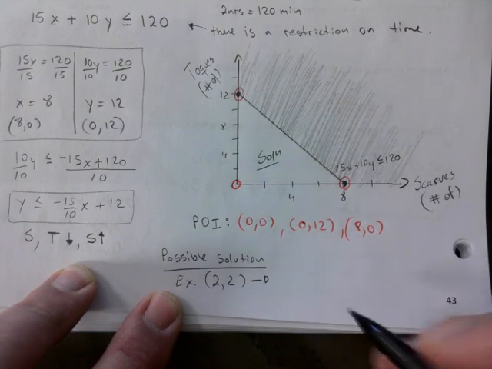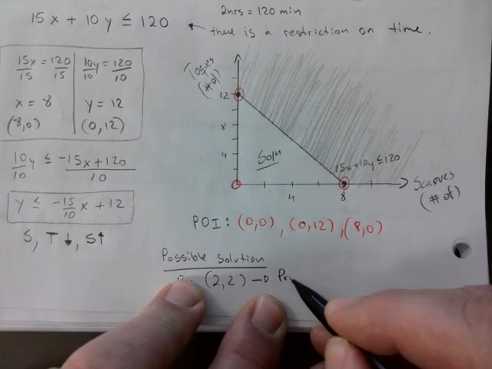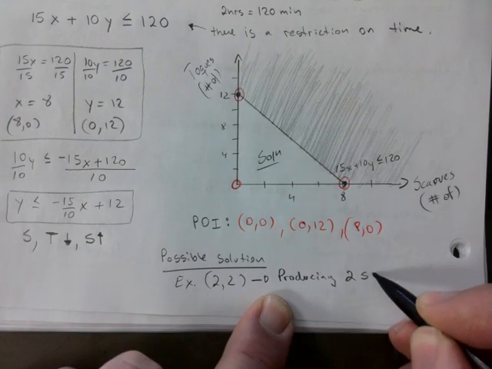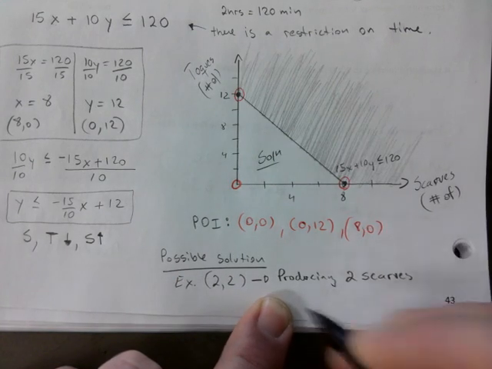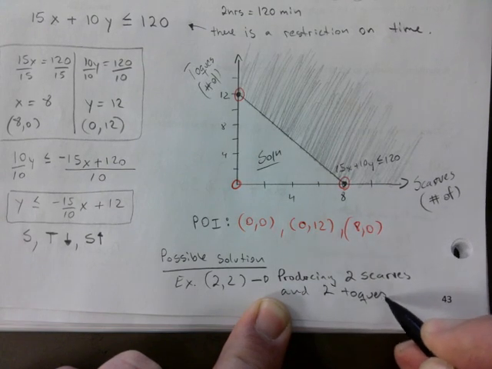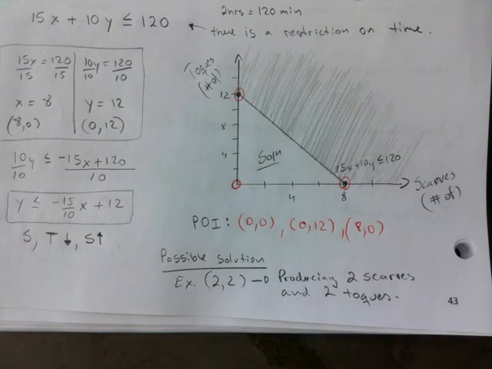What does that mean? Producing 2 scarves and 2 toques. That would be one possible solution. 8, 0. Producing 8 scarves and no toques would also work.